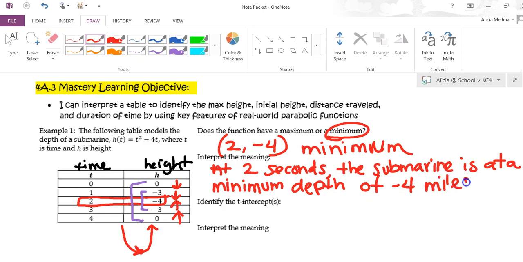So something that wasn't in this problem was telling us that our unit of time is in seconds and our unit of height is in miles. So that should be given to you.